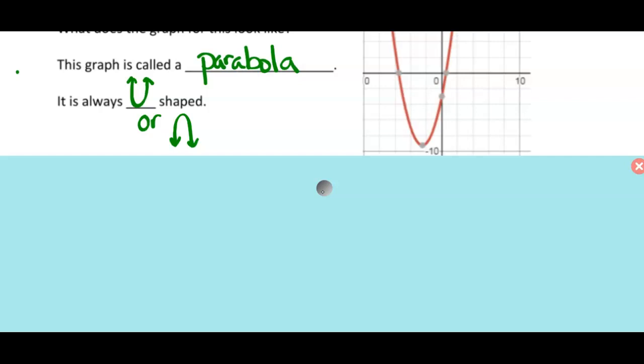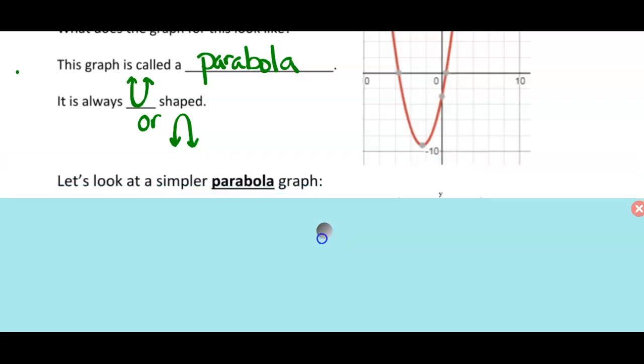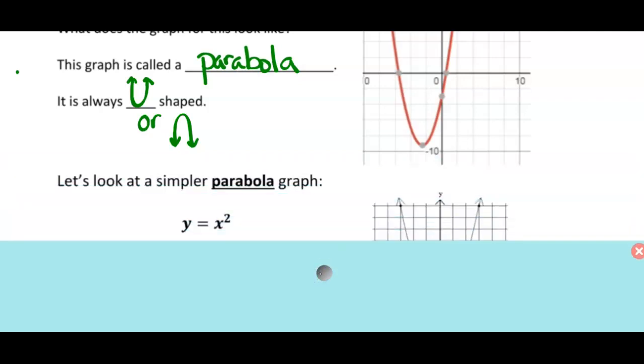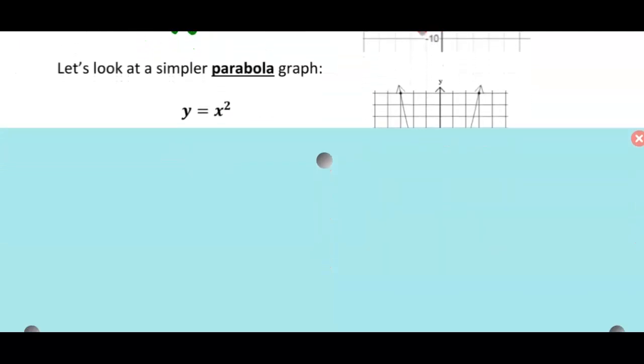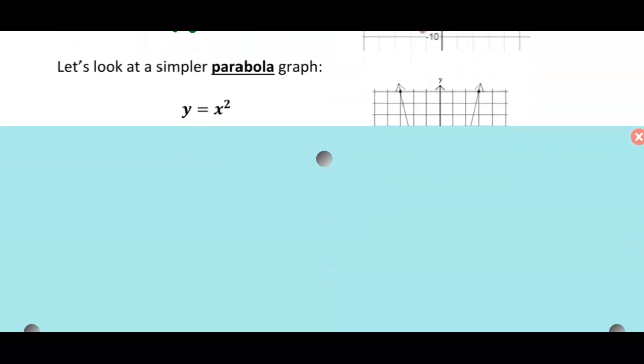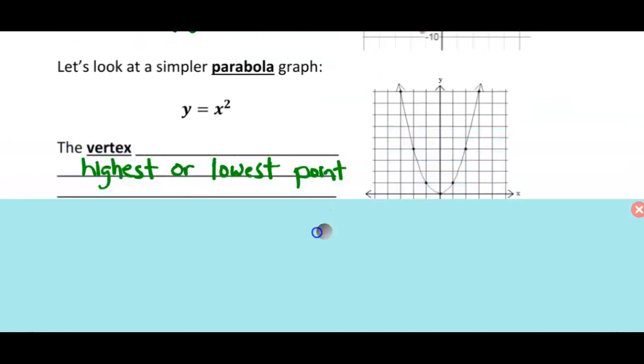So let's take a look at y equals x squared, just x squared with no numbers with it, and see what that looks like, okay? We are going to look at and learn how to find the vertex. Here's my vertex. My vertex on any parabola is my highest point or my lowest point. In this case, that's my lowest point. If my parabola was spilling my tea, it would be my highest point.